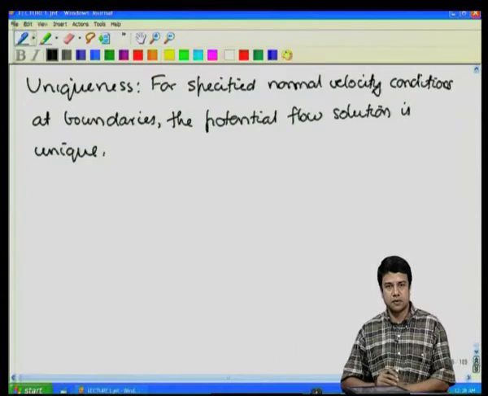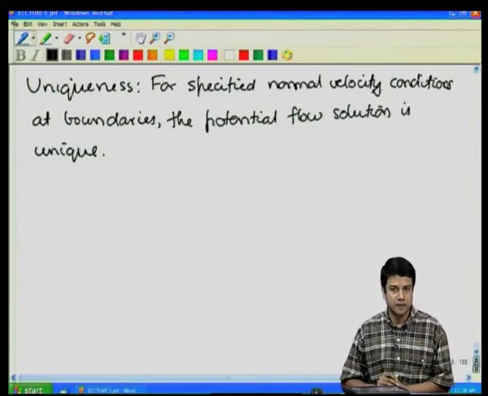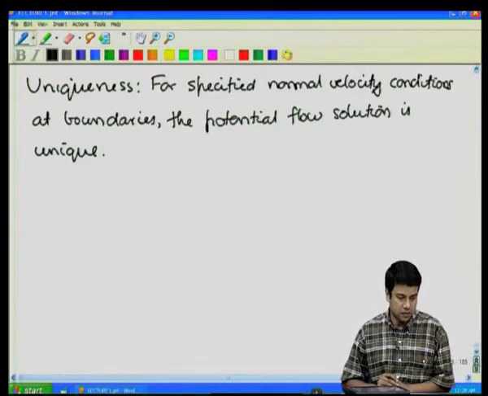The potential flow solution is unique for a given specified normal velocity boundary condition at all boundaries.